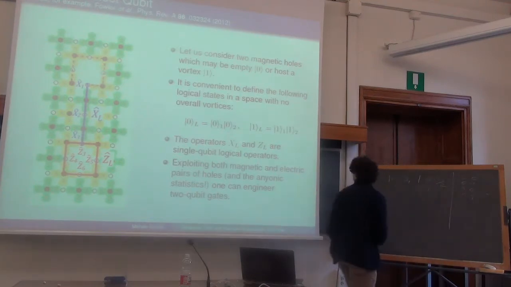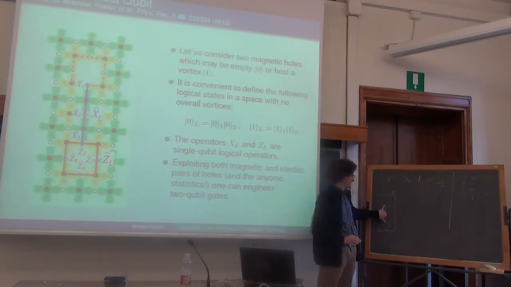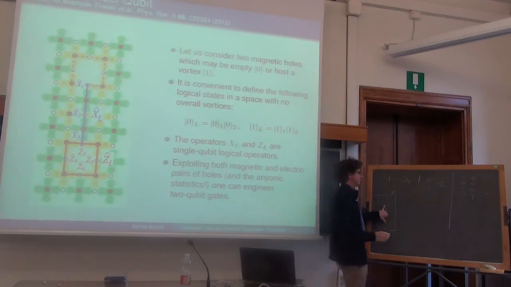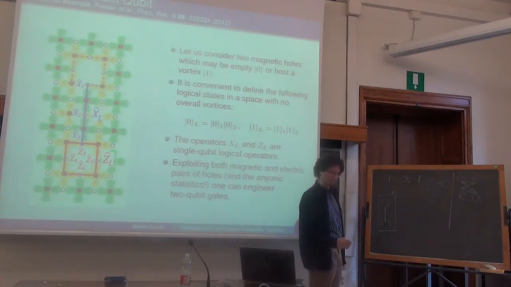But then, if in this system I use some other string symmetry of the Z kind to be sure that overall there is no magnetic vortex, I remain only with 2 states, this one and that kind. This one cannot be present anymore.